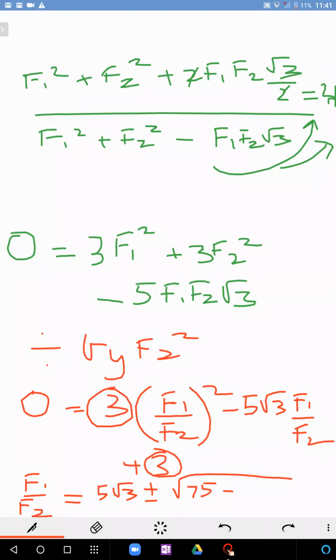A is 3 and c is also 3. So minus 4 into 3 into 3, that's 4 into 9, 36, 75 minus 36, upon 2a. So upon 2 into 3, 6. ऐसा आ जाएगा.